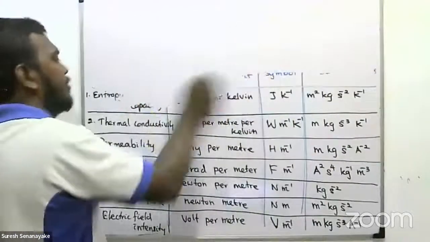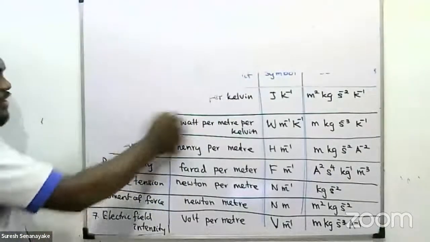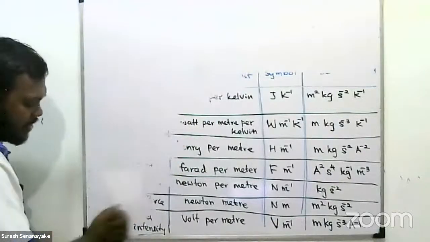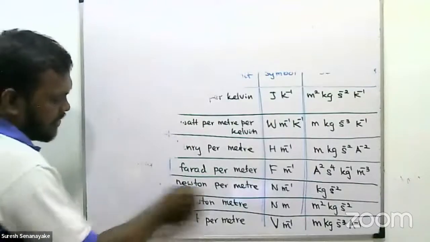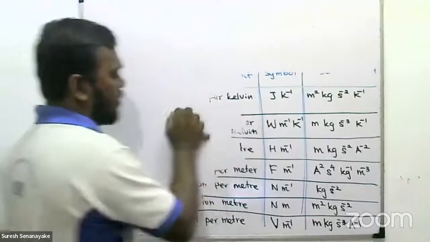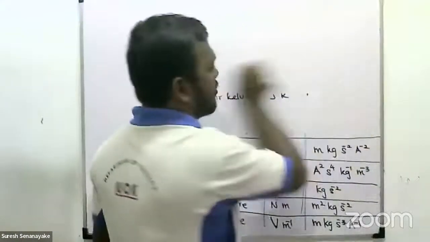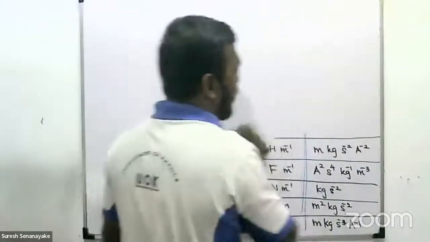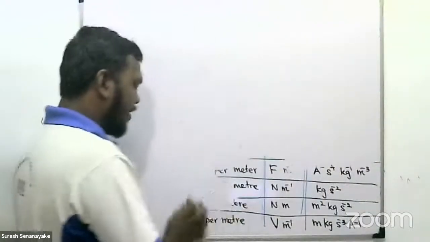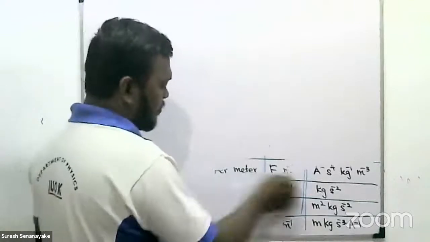A unit should be well defined, so there is a proper definition. And it should be invariant. Invariant means it cannot vary with time.